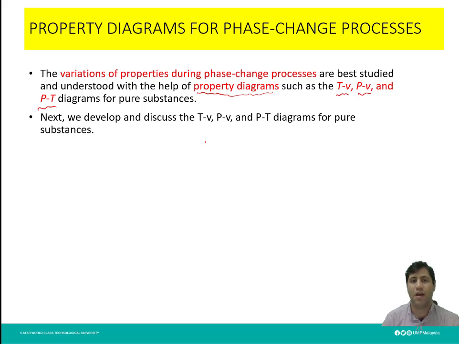These three types of diagrams are important, and they can completely help us to understand these phase change processes, and also we can understand the different states of material by using these diagrams.